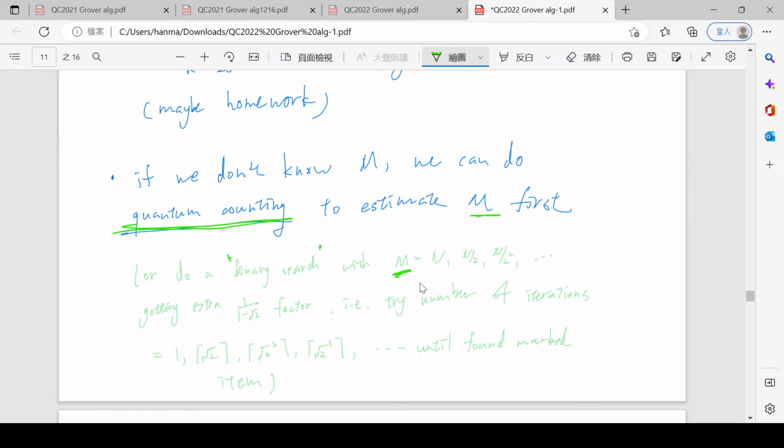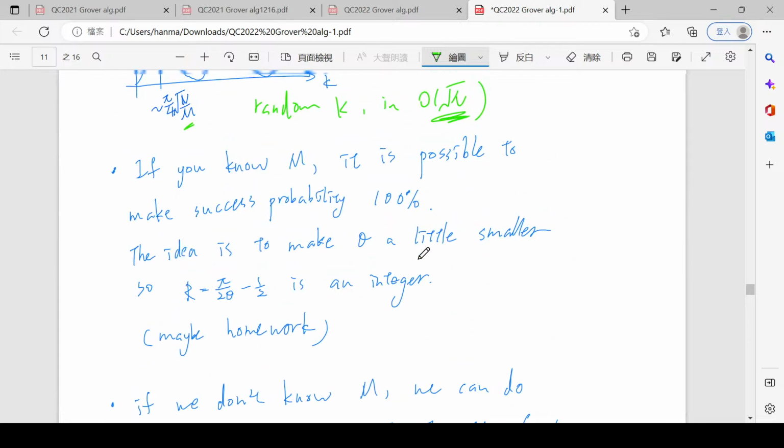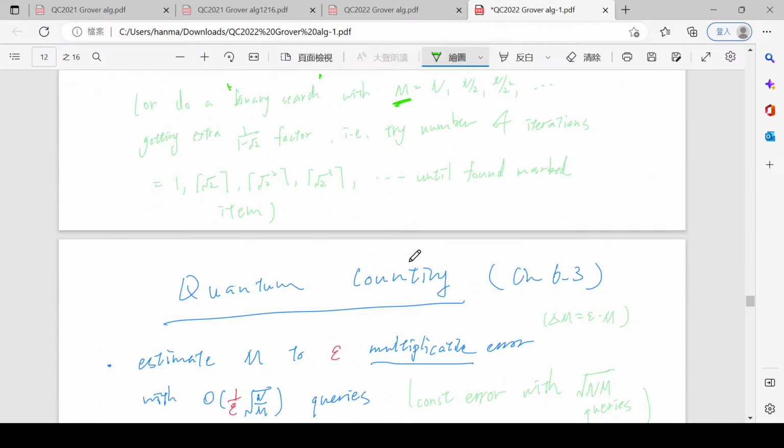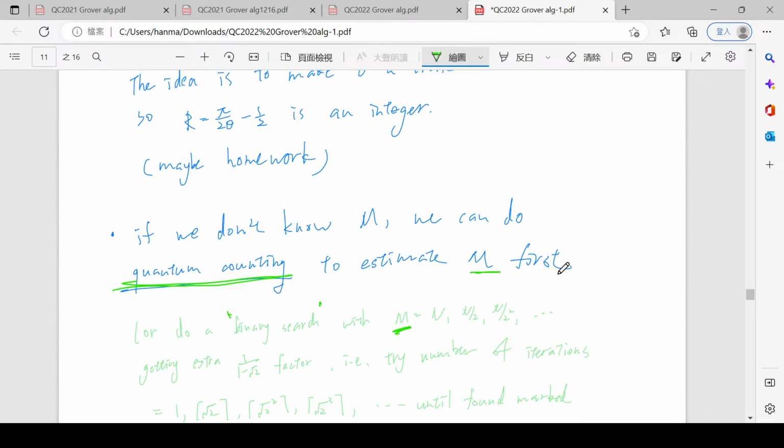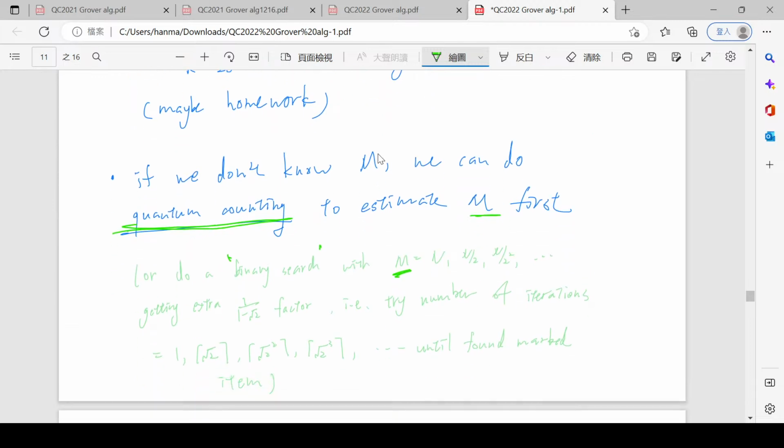So basically, you think of running Grover's algorithm with m getting smaller and smaller. Okay. So you are thinking you are running with m equal to n, or n over 2, or n over 4, etc.